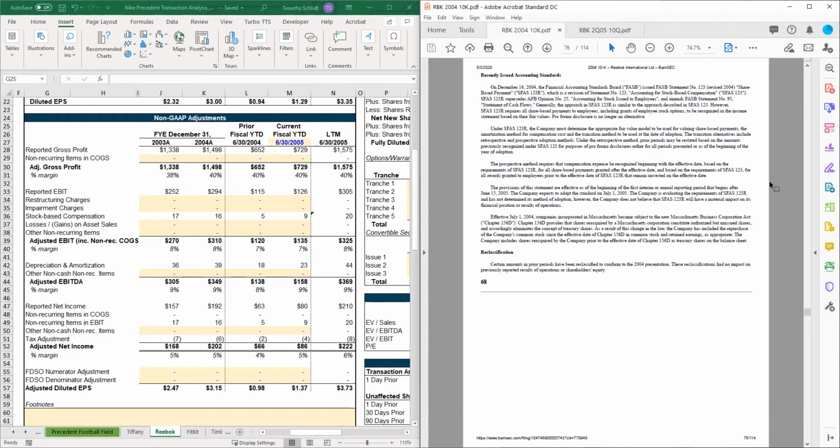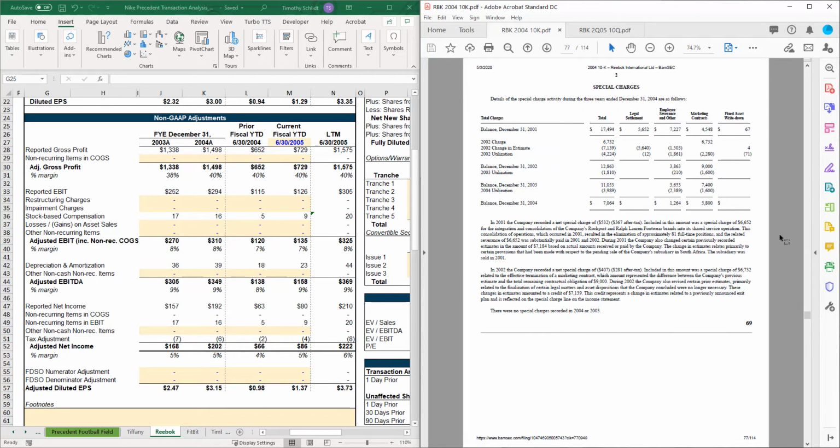Now, they give some detail around these reclassifications. Basically, they detail some special charges, and there's some notes on page 50 as well of this PDF around it, but these are special charges related to employee severance and other, as well as marketing contracts. So severance and other, these are clearly things that would be a one-time type expense to include. So let's see.